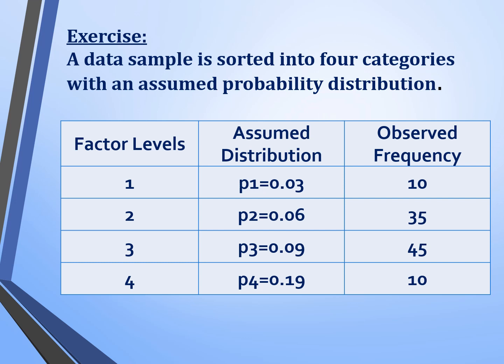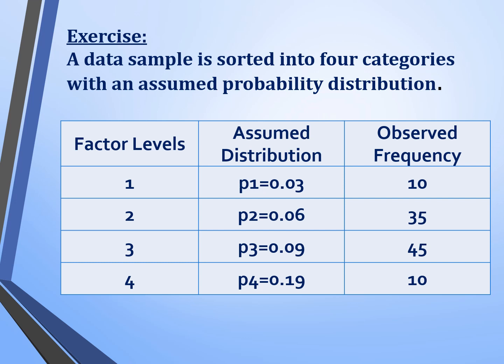So first of all, you are going to estimate the total sample size by adding the observed frequencies. And here, N or sample size equals 100. Then to estimate the expected frequency, you are going to multiply the total sample size by the proportion or probability at that level. So, for example, to estimate the expected frequency for the observed value 10, it will be equal to 100 multiplied by 0.03.